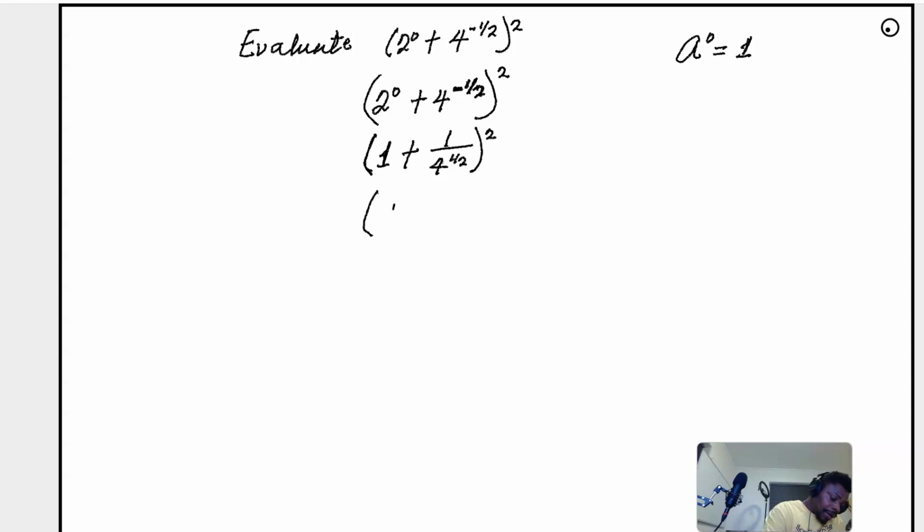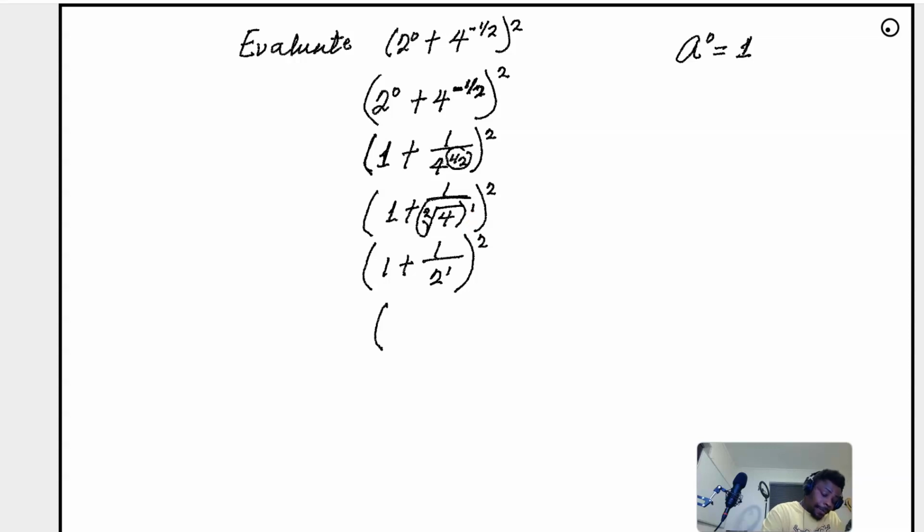So here I have 1 plus 1 over. This is a fractional power, so that is the square root of 4. We put 1 here, okay? So this is 1 plus 1 over the square root of 4, which is 2, raised by 1.